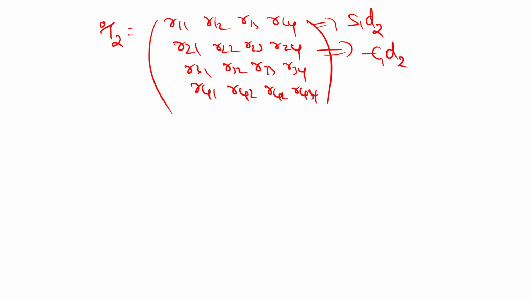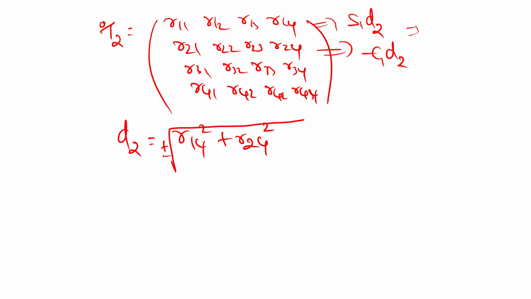To get d2, I square R14 and square R24, add them, and then take the square root. Simply, if you square this, you get S1 square d2 square, plus C1 square d2 square, so you get d2 square.